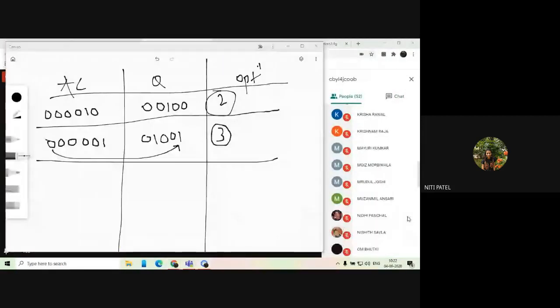If you have completed the third cycle, check your answer for the fourth cycle. 0, 0, 0, 0, 1, 0, and 1, 0, 0, 1, 0.